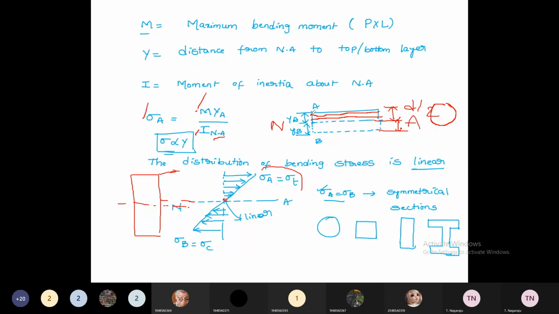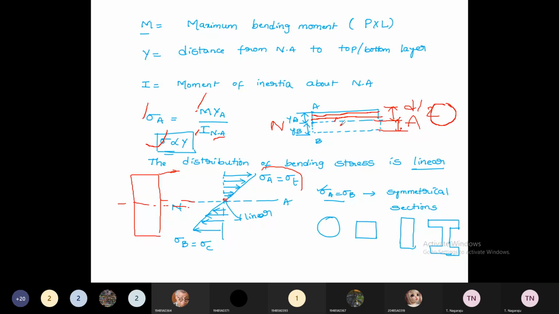If you want to calculate at A, the y_A value is d by 2. If you want to calculate the stresses somewhere else in the middle, then the y_A value varies. That means the stresses are directly proportional to the distance between the neutral axis and the layer where we would like to calculate the stresses. The stress value is proportional to y. If y is closer to the neutral axis, the stress is minimum.